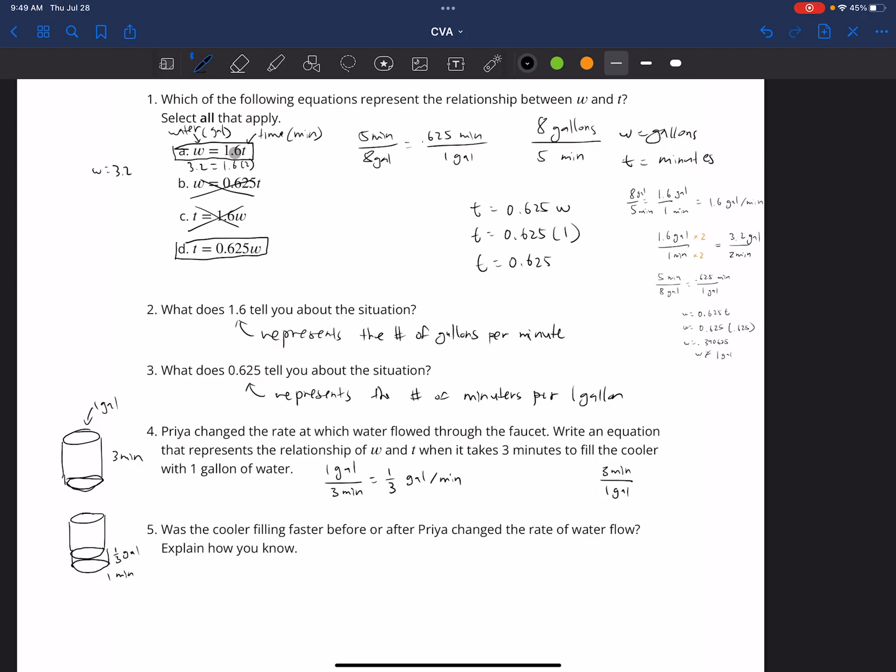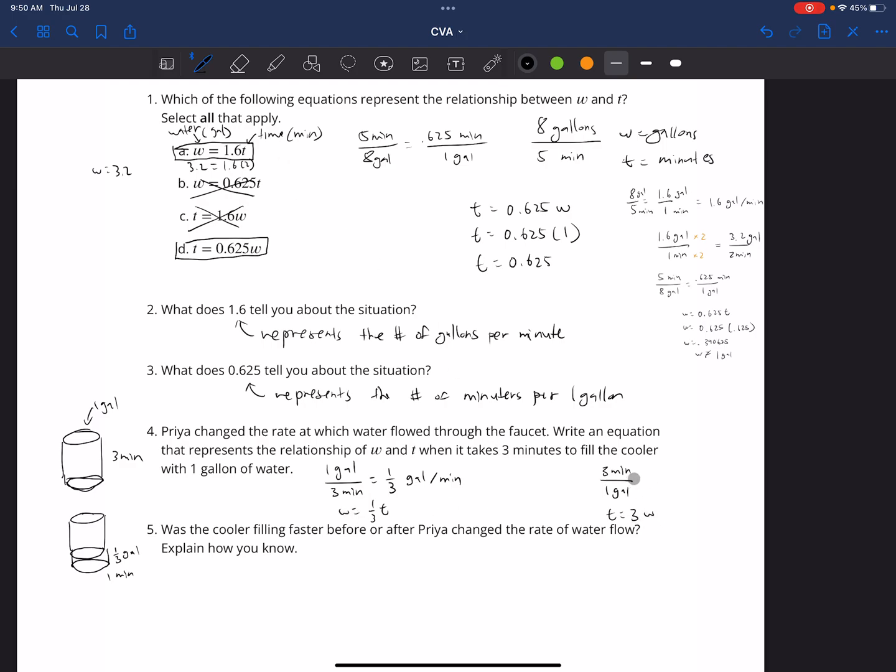So we're going to write W is equal to 1/3 T. And for this one, we're going to write T is equal to 3 W.